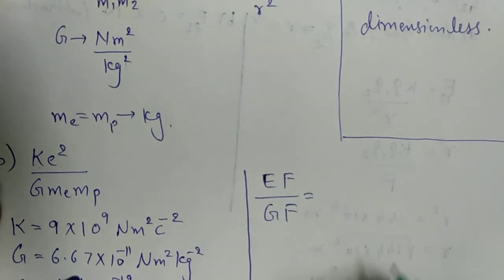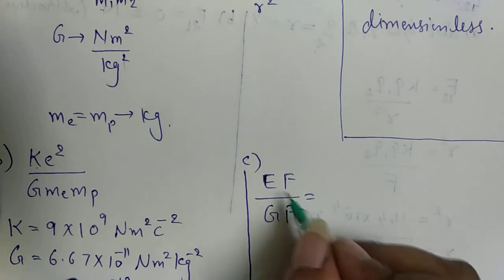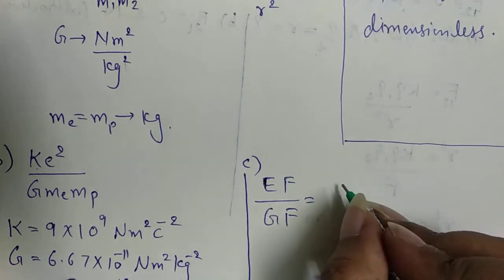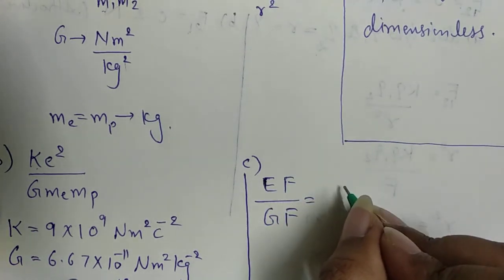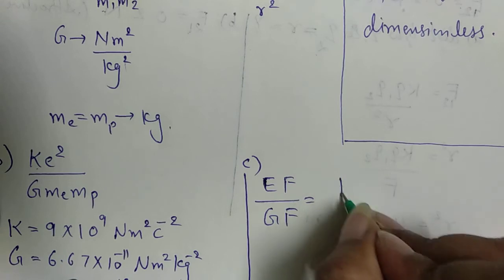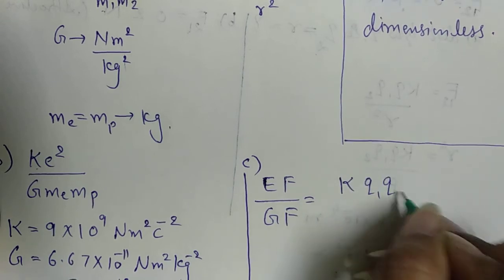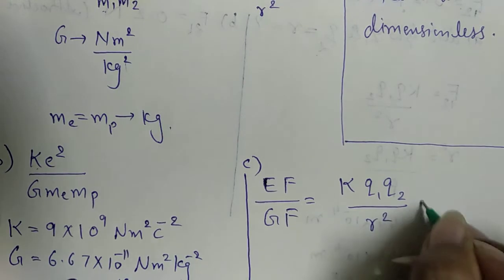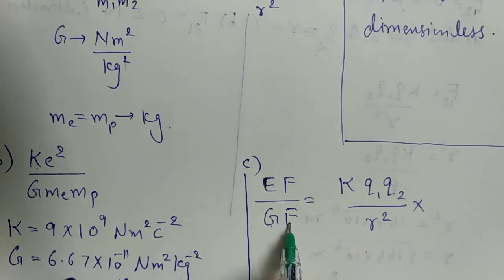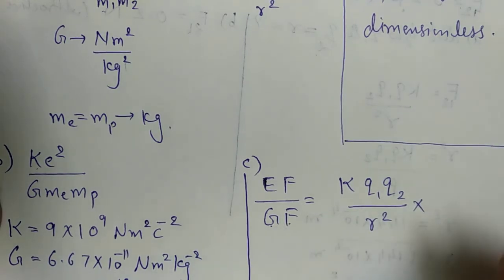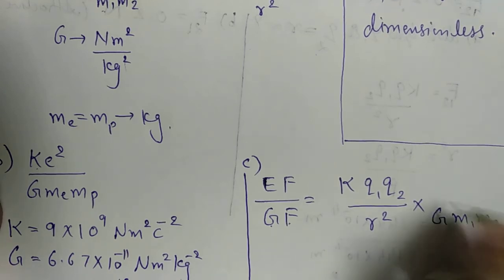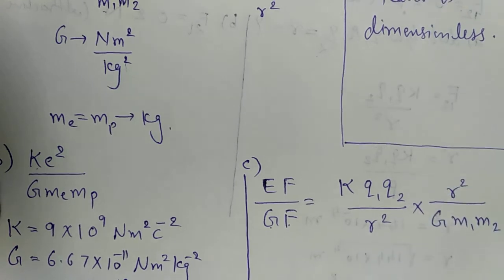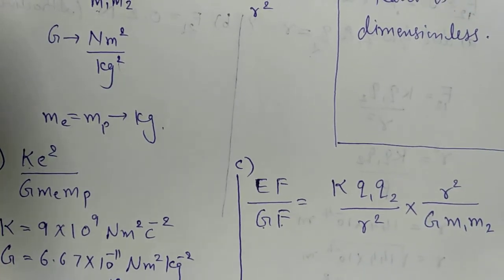If I substitute the values of both these forces, electrostatic force means Coulomb's force, the formula was electrostatic force equals K Q1 Q2 upon R square, divided by gravitational force. The formula for gravitational force is G m1 m2 upon the square of the distance between both the masses.